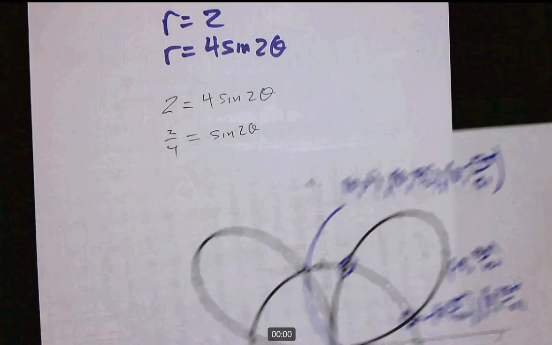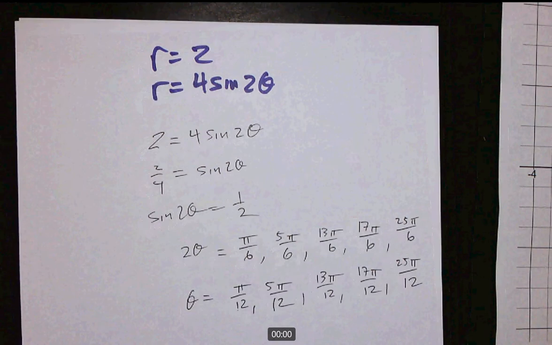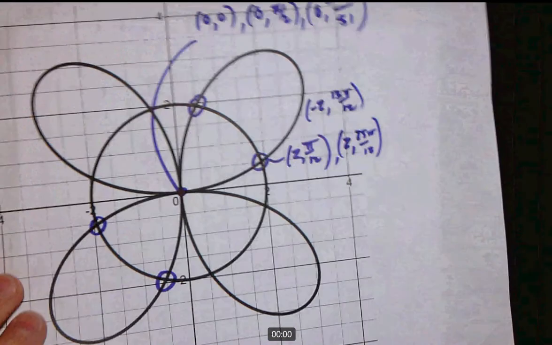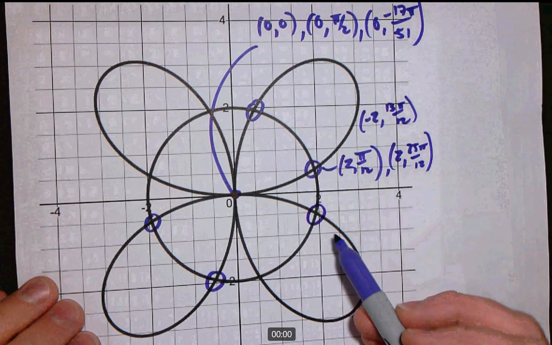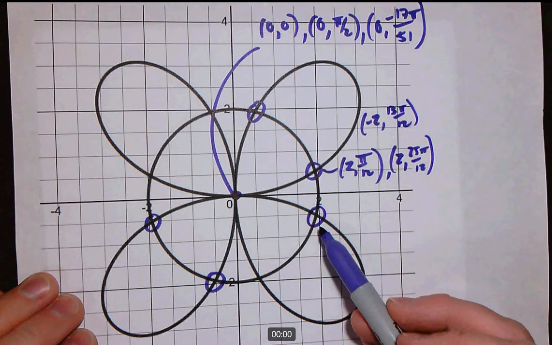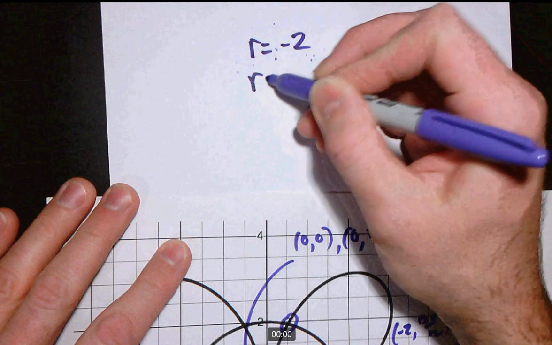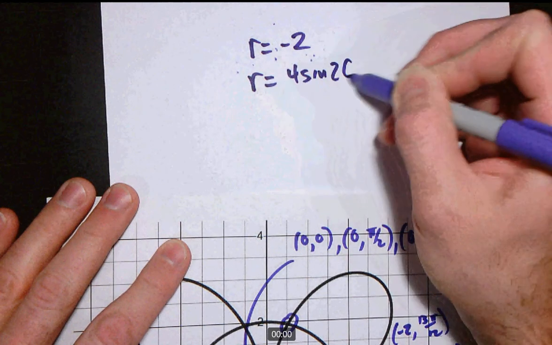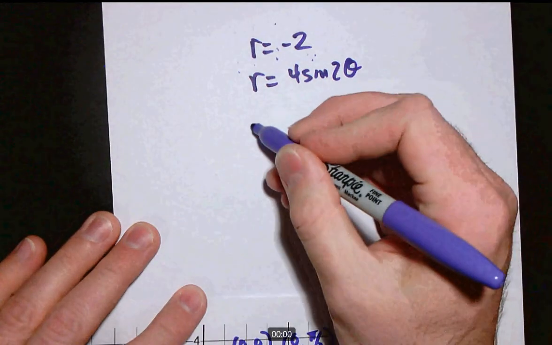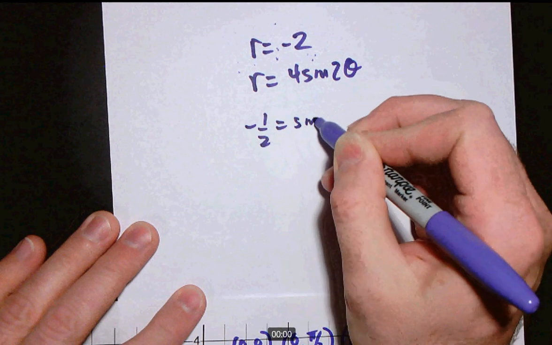And that's exactly what's happening here, because these other intersections are happening when r is negative 2 for one of the functions. So if we instead solve the system r equals negative 2 and r equals 4 sine 2 theta, then that will give us negative 1/2 is sine 2 theta.